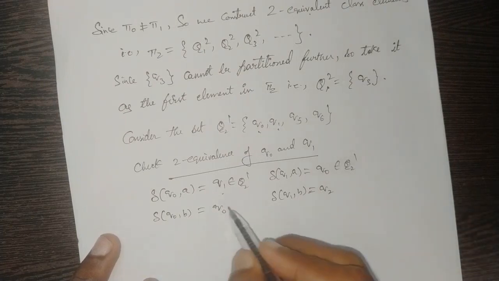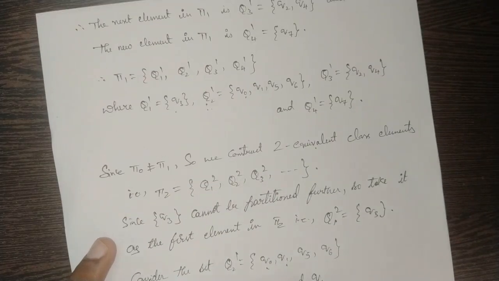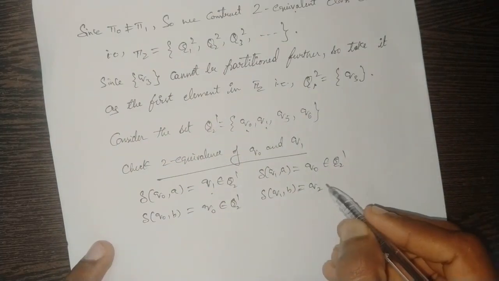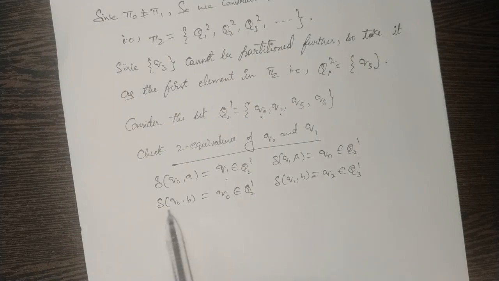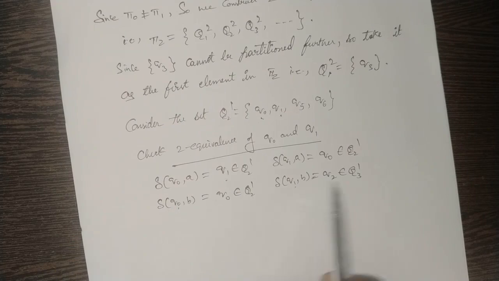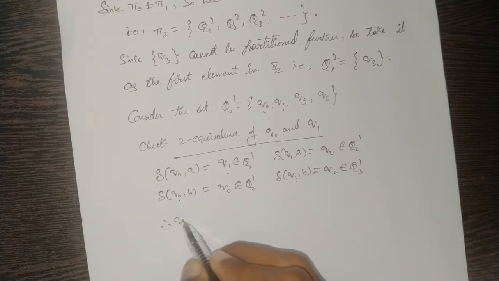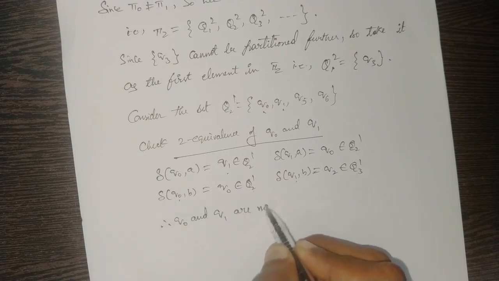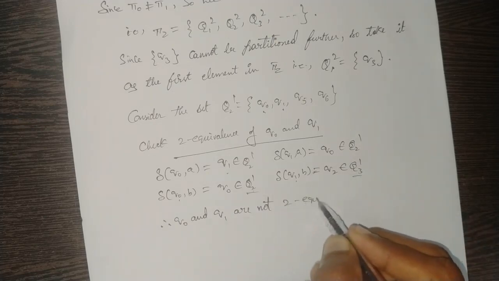But Q2 belongs to Q3 dash. So at input B, Q0 and Q1 do not belong to the same set. Therefore Q0 and Q1 are not two equivalent.